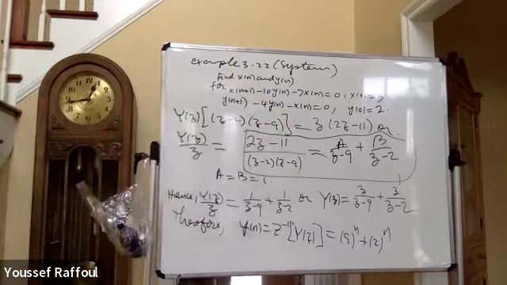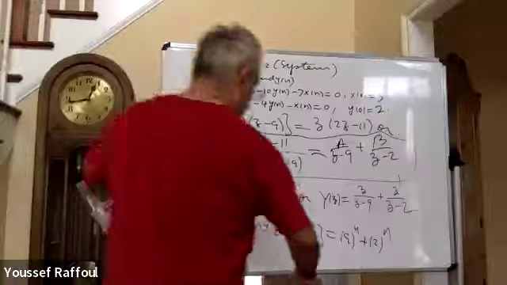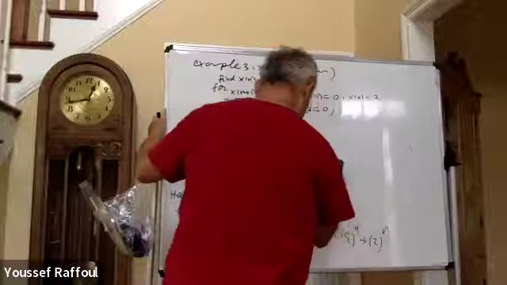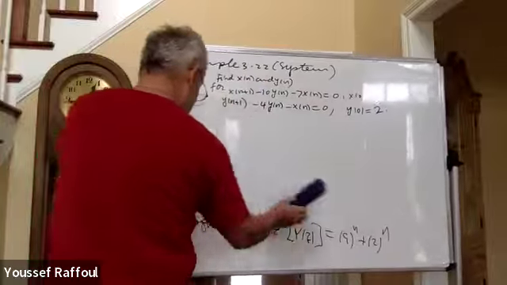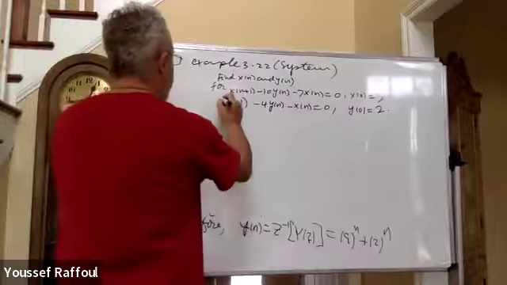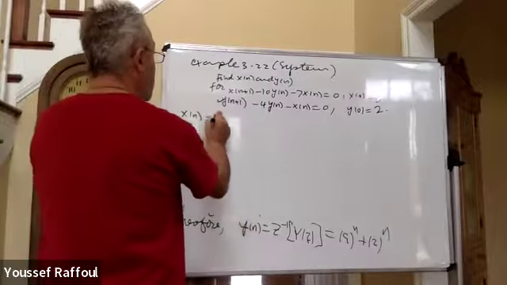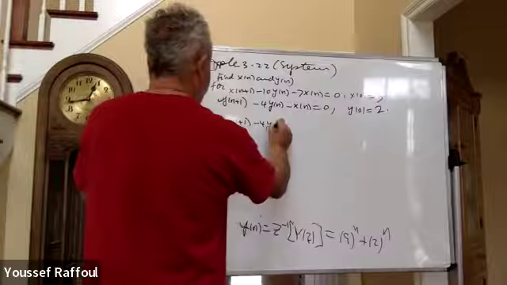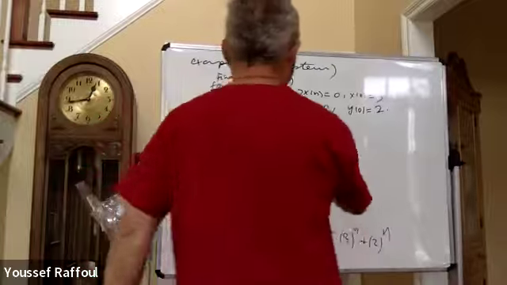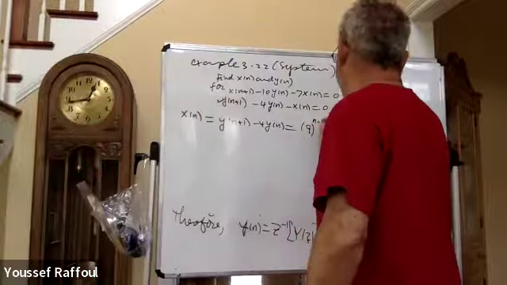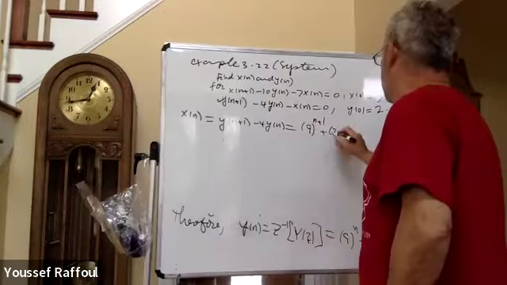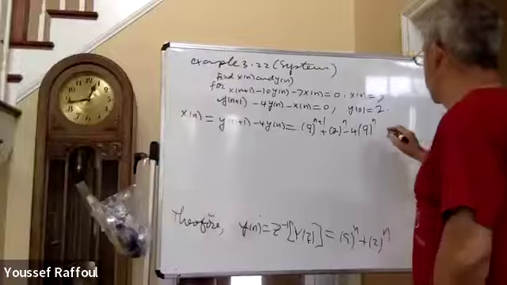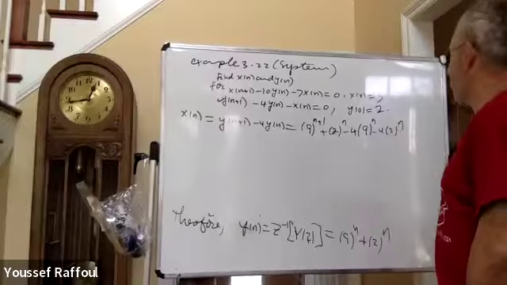All right, so now we have yn. We need xn. Well, that's easy now. So use this one. So xn is y(n+1) minus 4 yn. That is 9 to the power n plus 1, plus 2 to the power n plus 1, minus 4 times 9 to the power n, minus 4 times 2 to the power n.